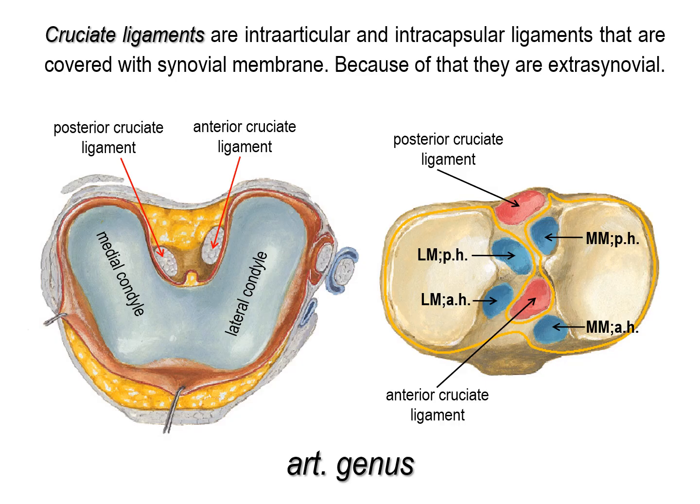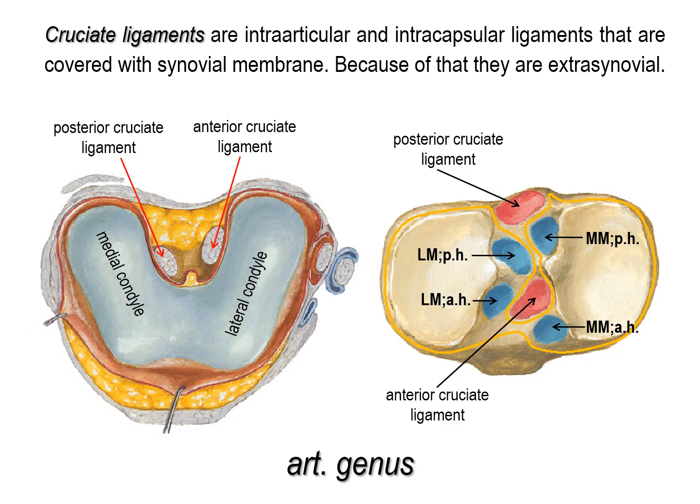The cruciate ligaments are intra-articular and intracapsular ligaments that are covered with synovial membrane. Because of that, they are extrasynovial. The anterior cruciate ligament is attached below to the anterior intercondylar area of the tibia. The upper part of the anterior cruciate ligament is attached to the medial surface of the lateral condyle of the femur.